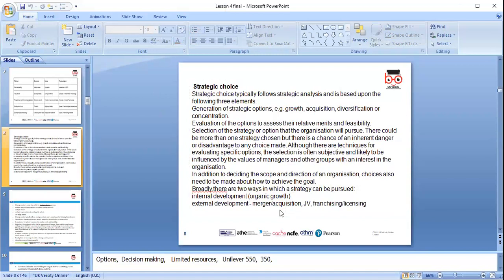Sometimes we try to restructure our organization. Like Unilever used to sell 550 brands and they reduced to 330 or 350 brands, and we have limited resources. We have to make sure we make the right decision.